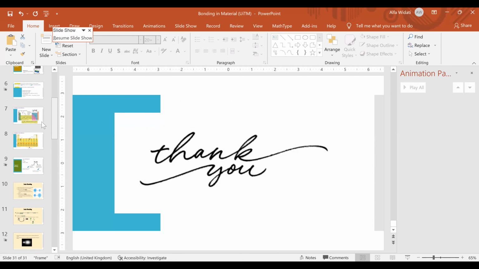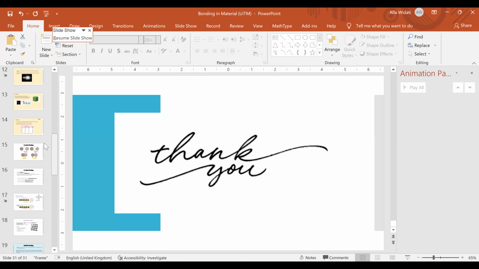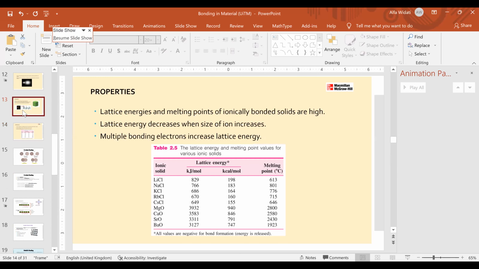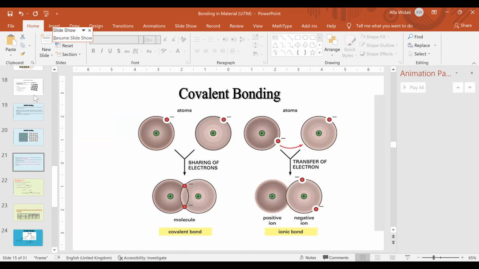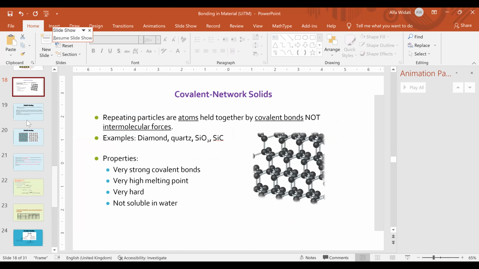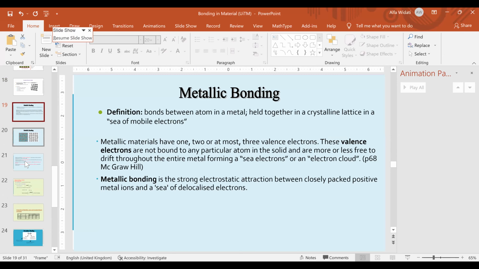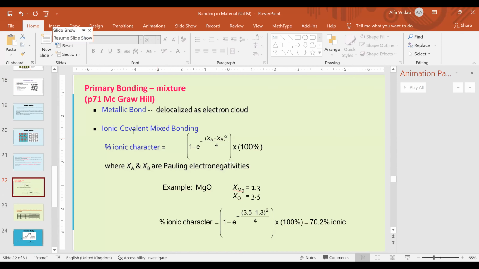Okay, the ionic covalent bond is about the character.